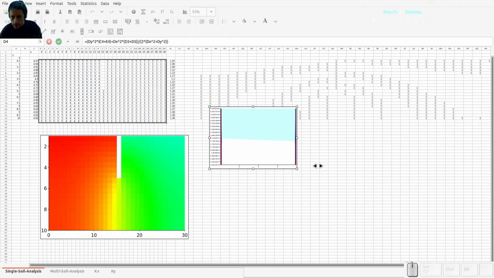The X values are here, and Y values, and the y-axis again, scale is inverted.